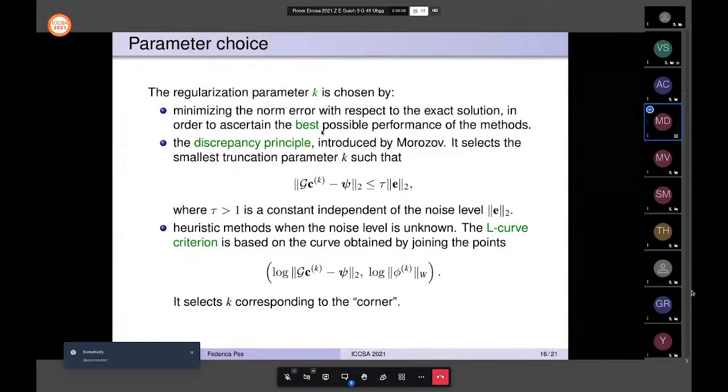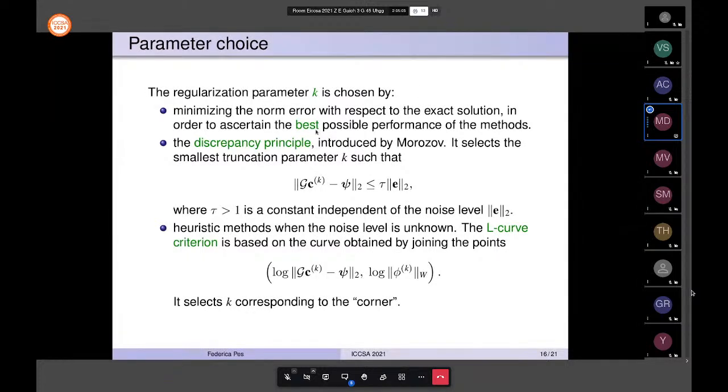We denoted the best regularization parameter as the parameter in correspondence to the minimal norm error with respect to the exact solution. Then we estimate K by the discrepancy principle, and finally with the L-curve criterion.